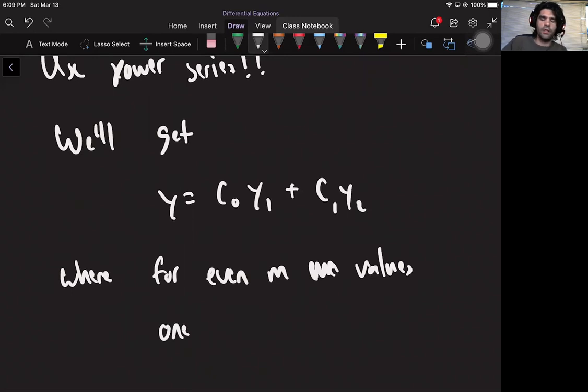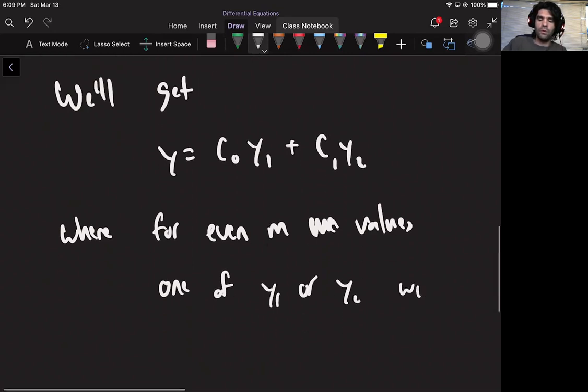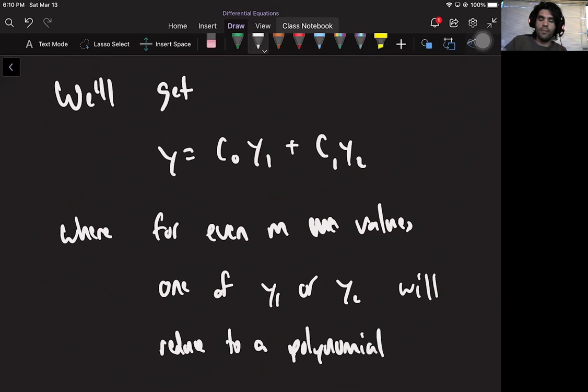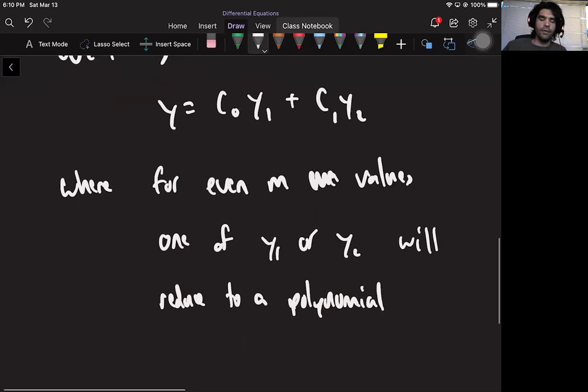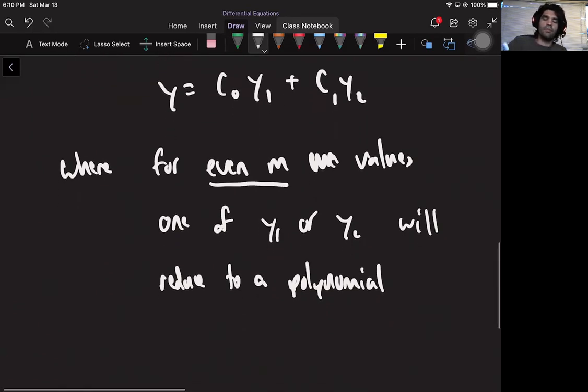I forget which, we'll see at the end, one of y1 or y2 will reduce to a polynomial instead of a power series. So it'll just stop. It'll be like something x plus something x squared plus something x cubed, and it'll just stop. That's for even m.